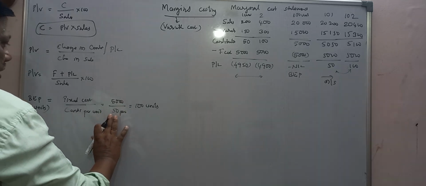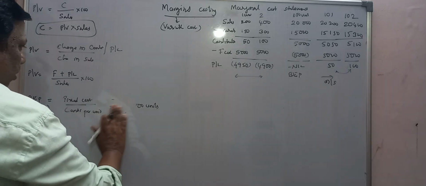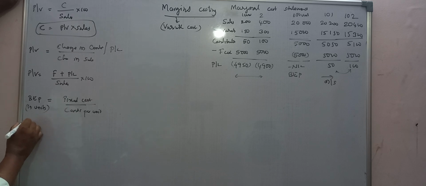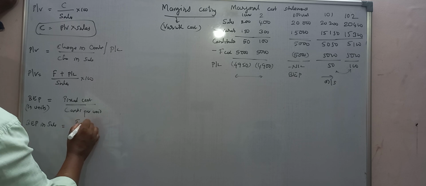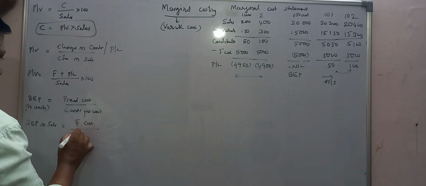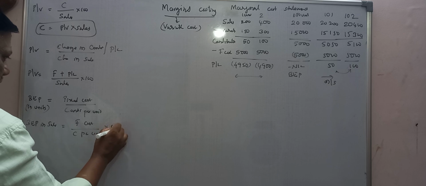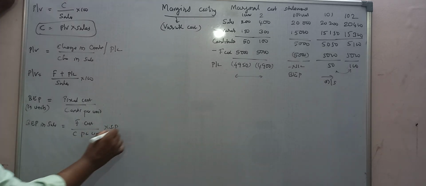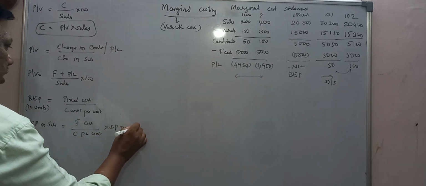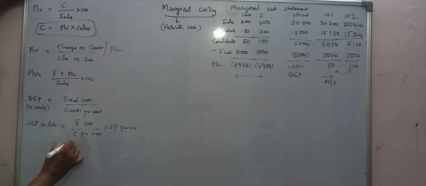So if you want BEP in sales, fixed cost divided by contribution per unit into selling price per unit. Fixed cost should be 5,000.